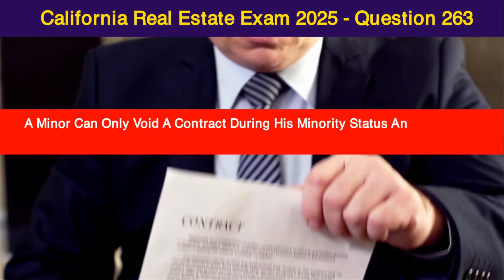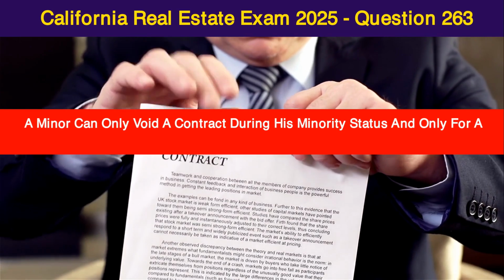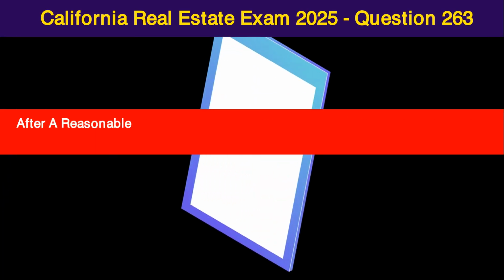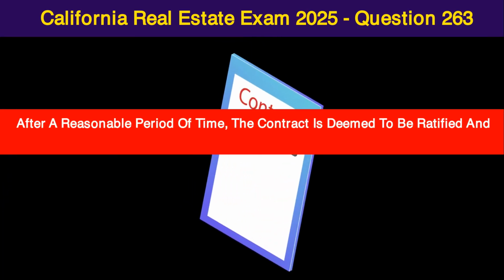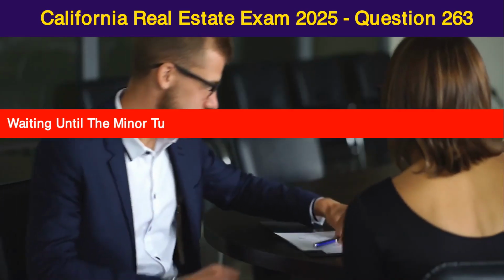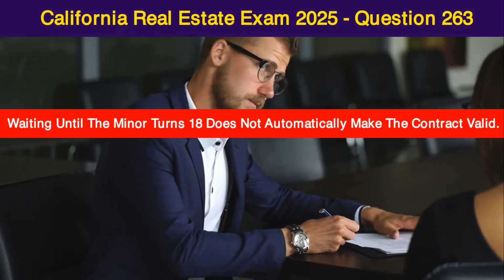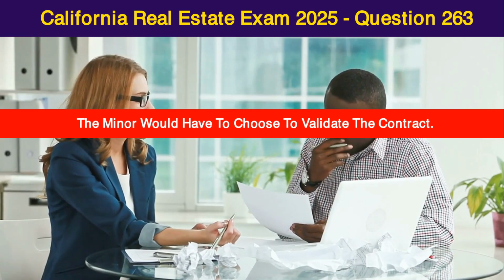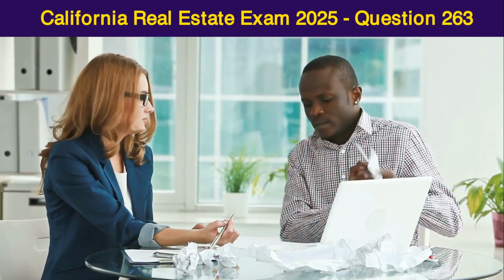A minor can only void a contract during his minority status and only for a reasonable time after he reaches the age of majority. After a reasonable period of time, the contract is deemed to be ratified and cannot be voided. Waiting until the minor turns 18 does not automatically make the contract valid. The minor would have to choose to validate the contract.